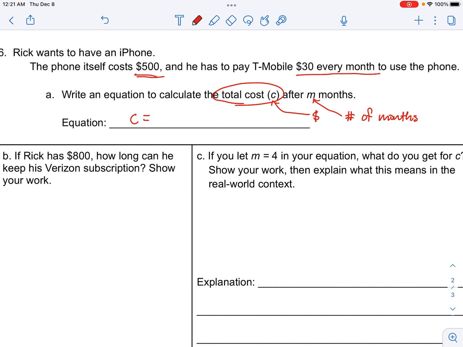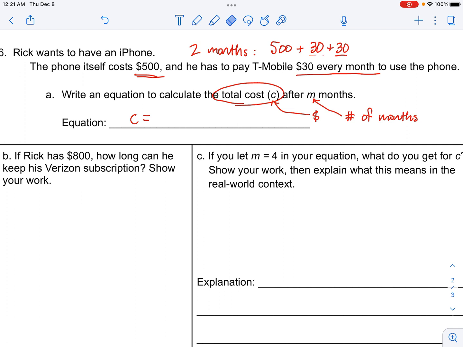Well, let's think about what is involved in the cost. Let's think about after 2 months of having the phone. How much has Rick spent? Well, he's spent $500 plus $30 plus $30 because he's had the phone for 2 months and he's had to pay 2 months of his T-Mobile payments. But we can simplify this.